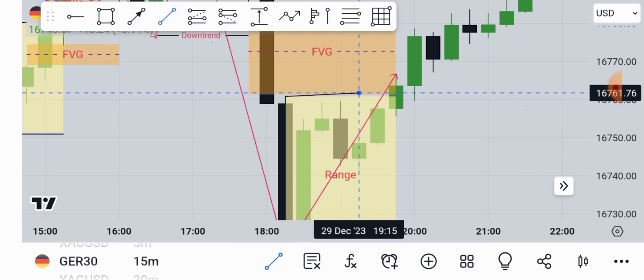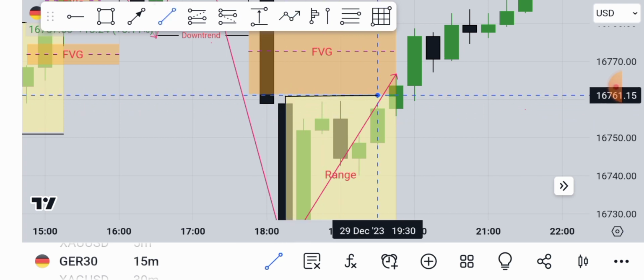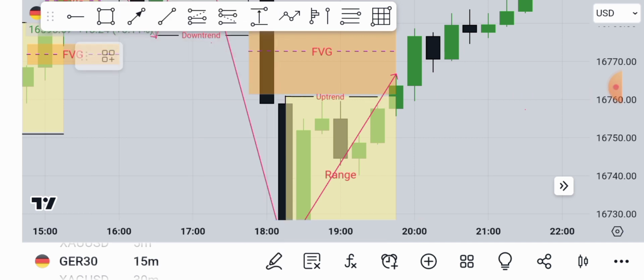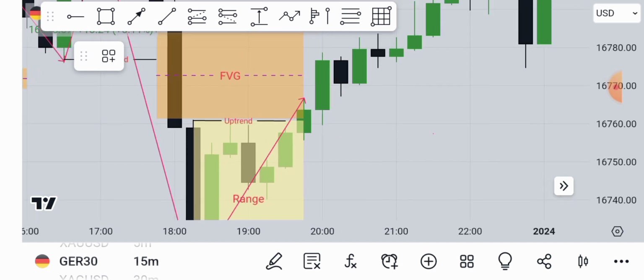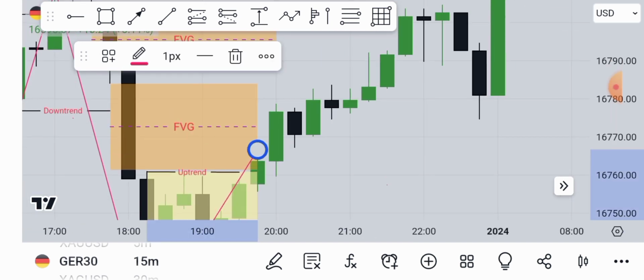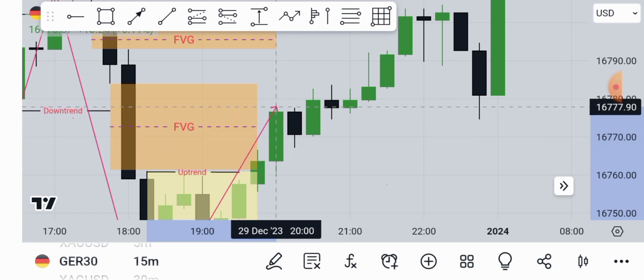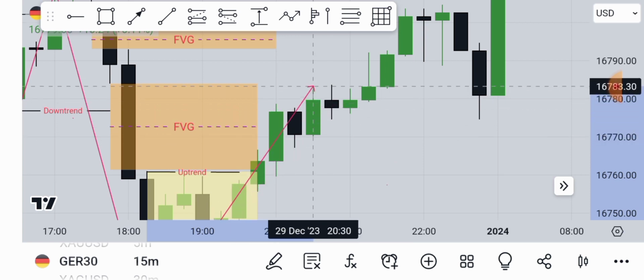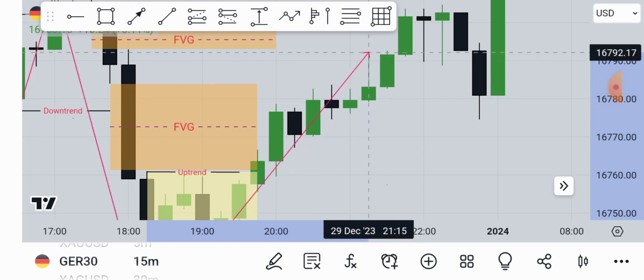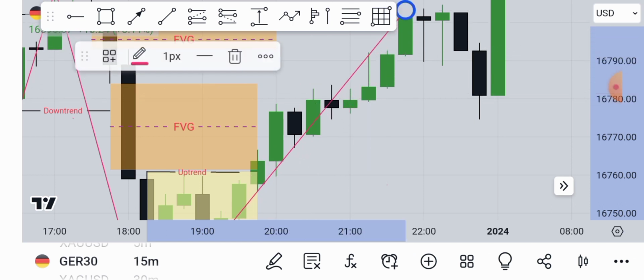Yes, this high as an uptrend. Then from there, from this high to the next high, and then to the next high, and then to the next high.